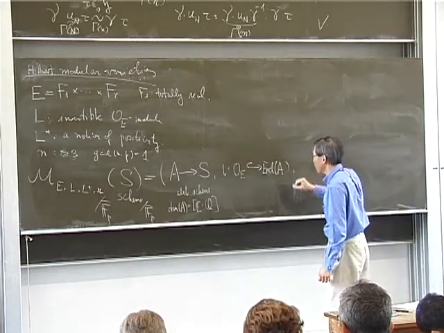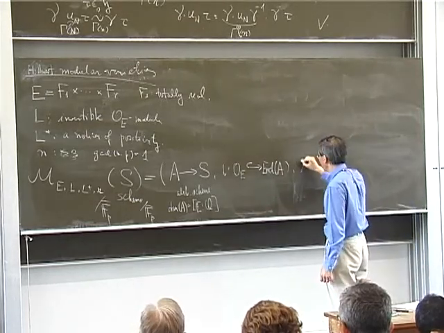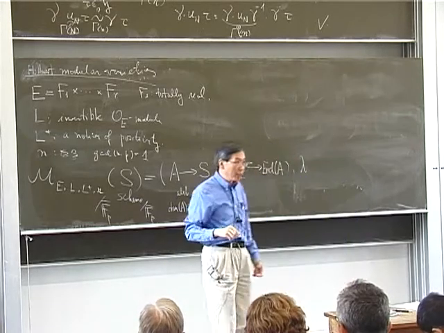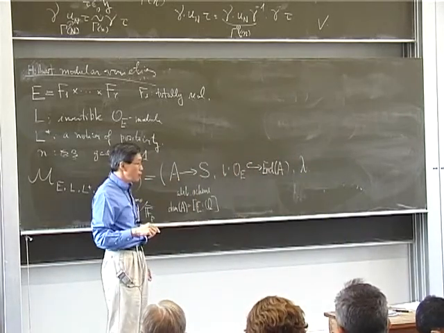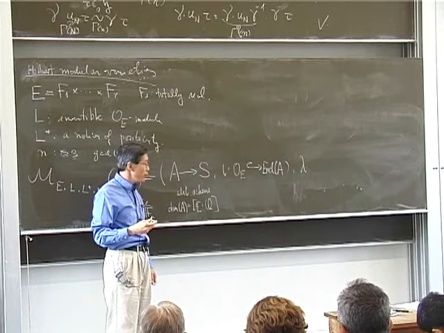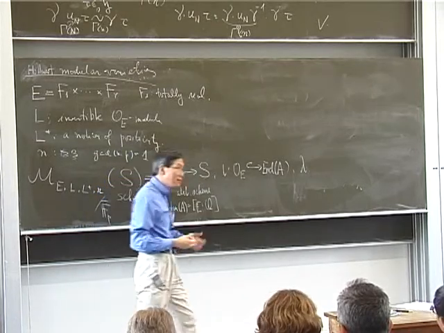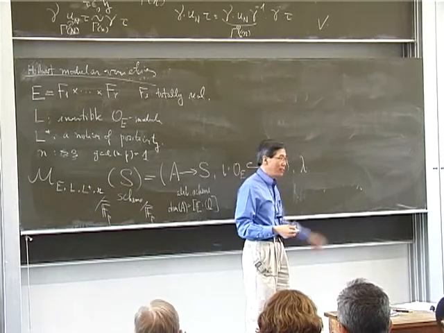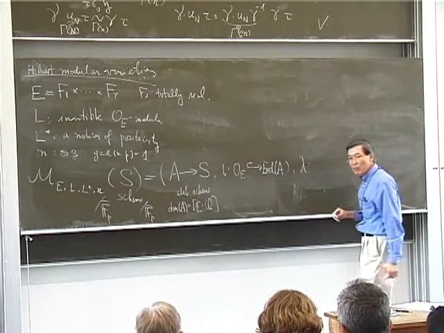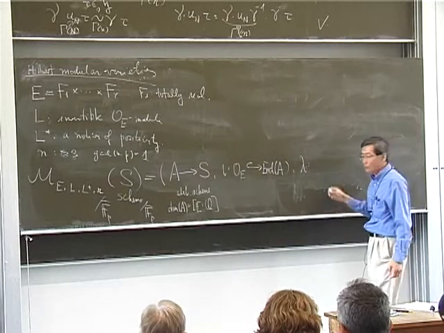Okay. And then I have a polarization. Now, this polarization will look a little strange, but it's essentially the same as what we had before. But instead of pinning down one polarization, we will define a lot of them.